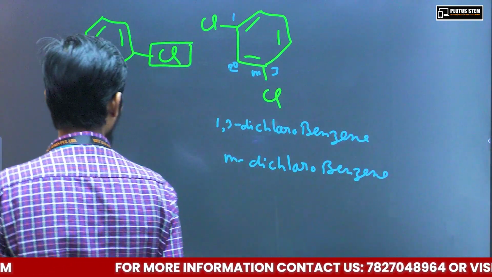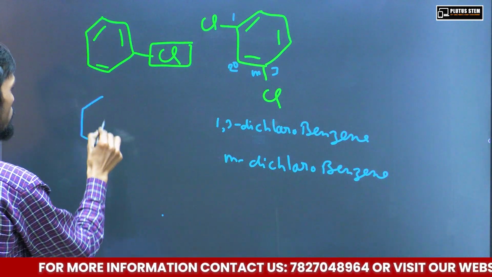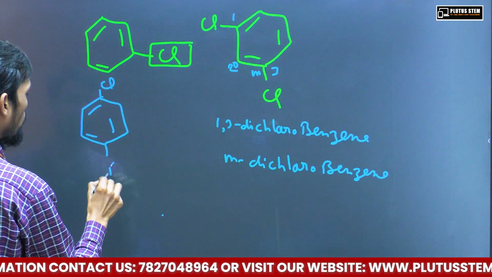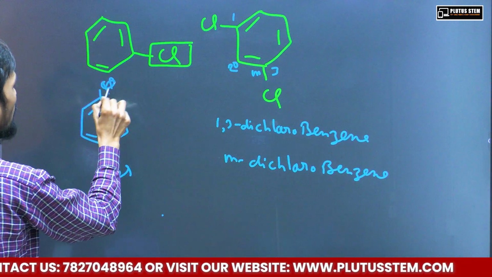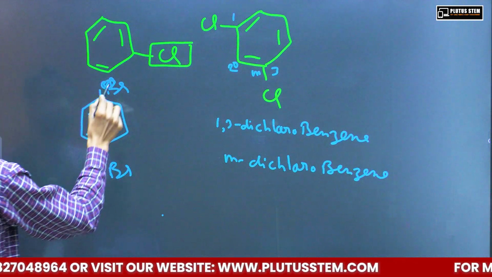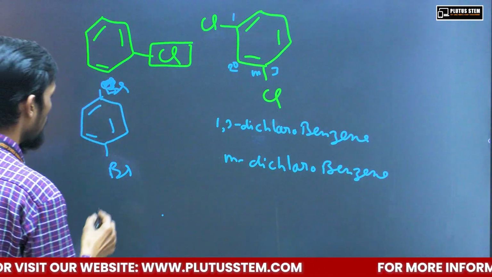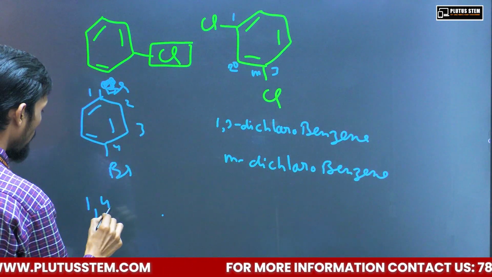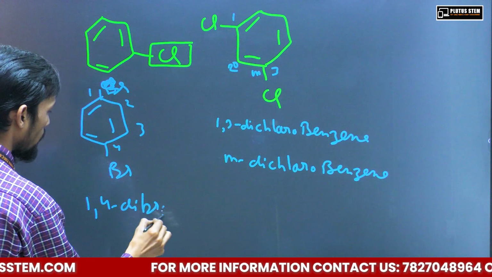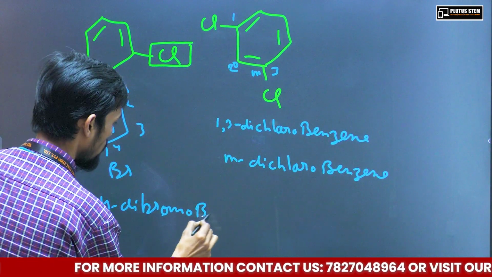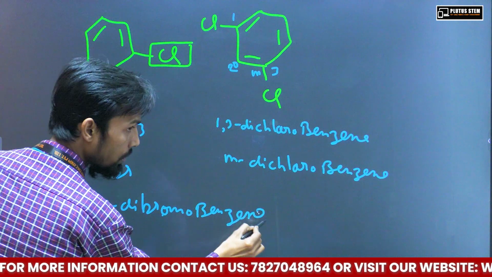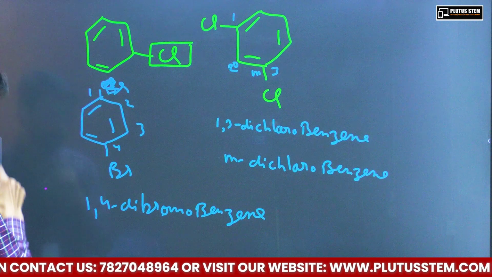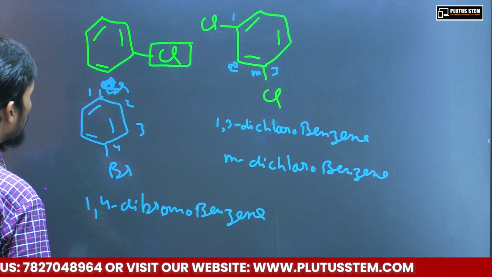In the same way, if we are having a group like this, Cl, Cl, or we can take an example of bromo, Br, Br. So it will be 1, 2, 3, 4, so 1,4-dibromobenzene.